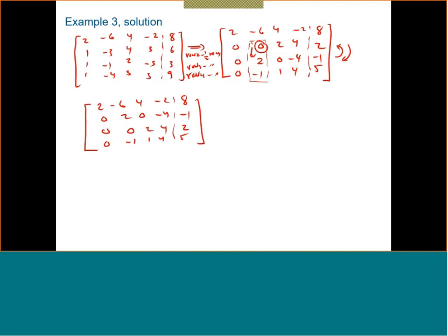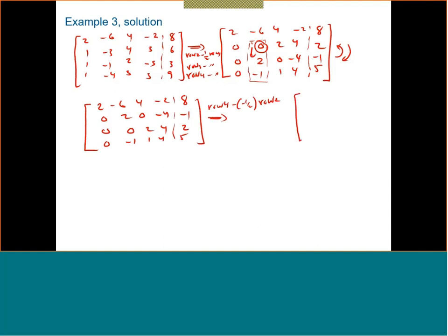Now, I already got rid of this, so this becomes 0 and I don't need to touch it. I just need to do row 4. So it will be row 4 minus 1 half times row 2 to get rid of this one and make everything 0.